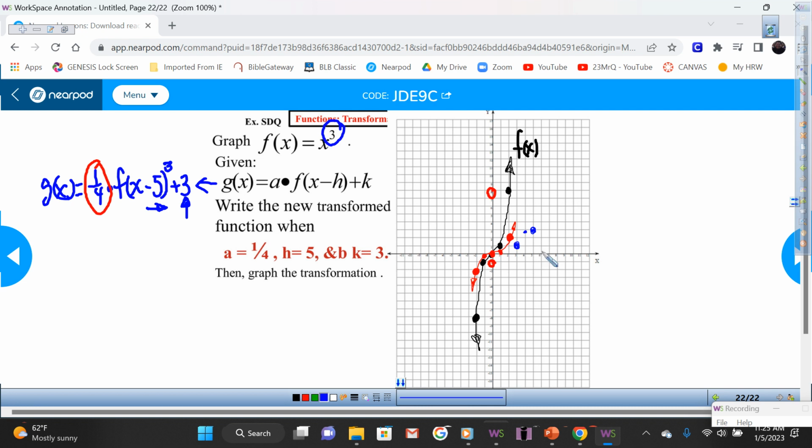This one, 1, 2, 3, 4, 5. 1, 2, 3. And this one, 1, 2, 3, 4, 5. 1, 2, 3. And we label that g of x.